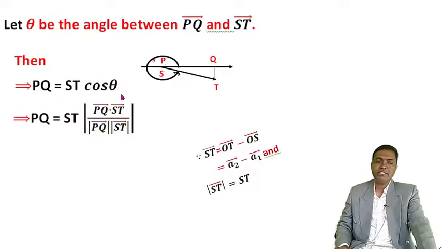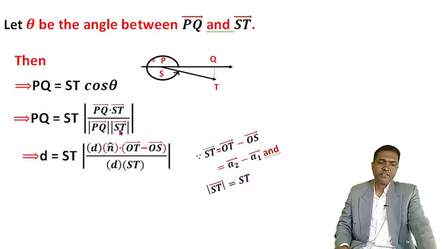The angle between two vectors is given by vector A dot vector B divided by magnitude of vector A, magnitude of vector B. So here theta is the angle between PQ and ST. So you can write this.